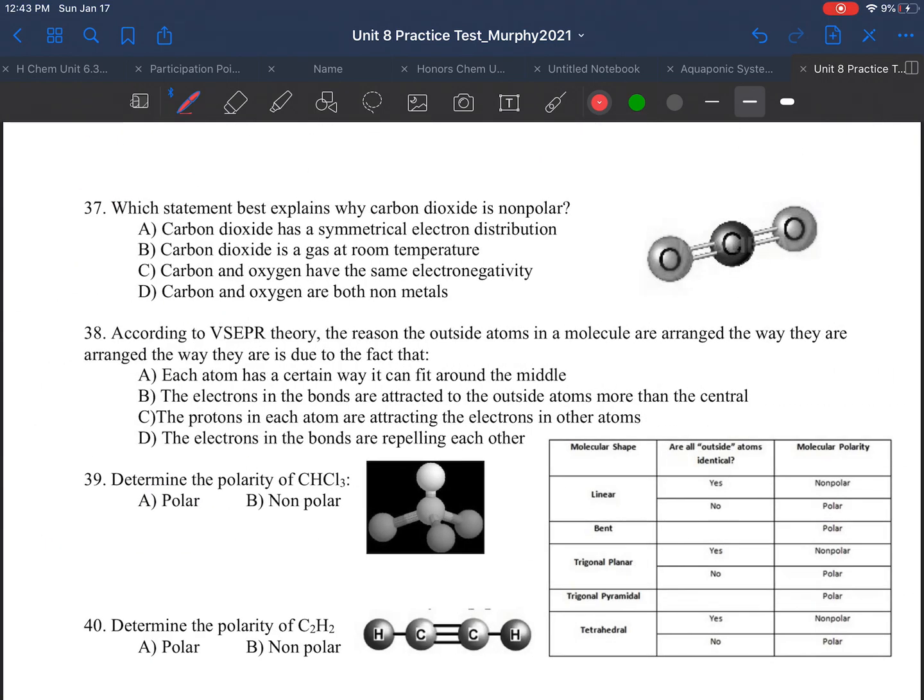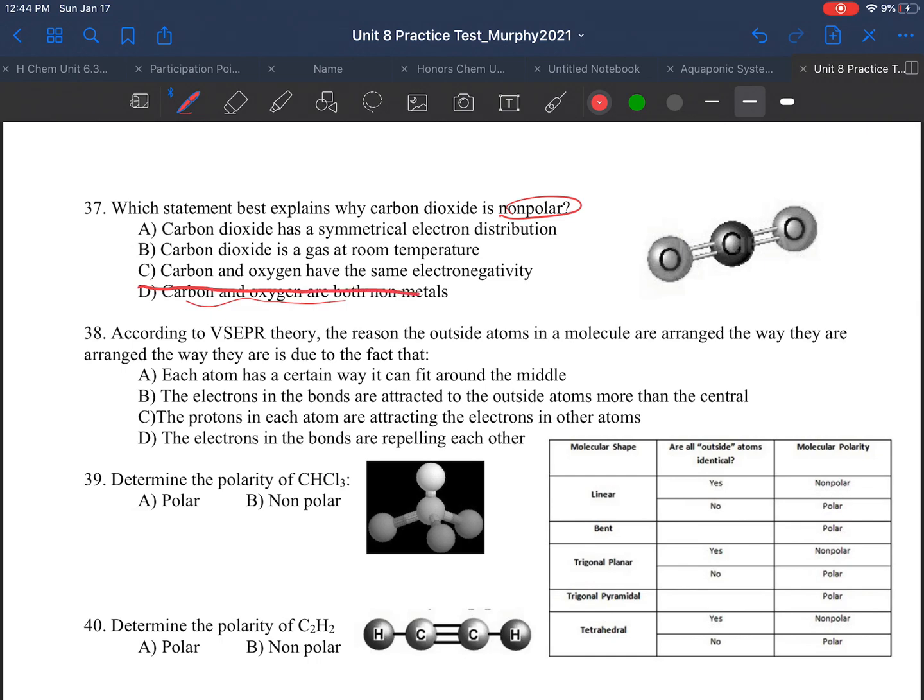Which statement best explains why carbon dioxide is nonpolar? Looking through these, I'm going to start from option D. Carbon and oxygen are both nonmetals. That is not a requirement to be nonpolar because there are lots of compounds that are both nonmetals that are polar.